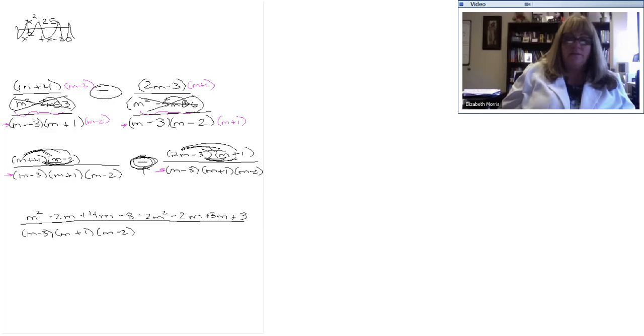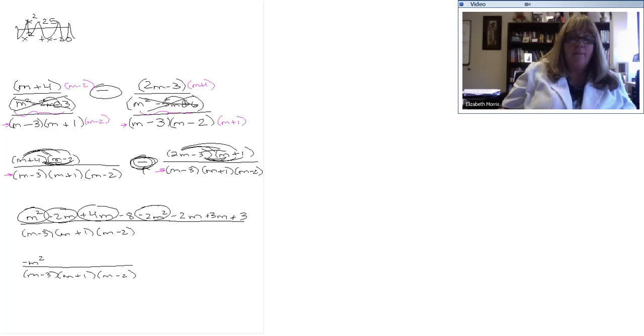All right. Now I can combine like terms. This is the denominator. Okay, m squared minus 2m squared is negative 1m squared. Negative 2m and negative 4m give me 2m. Minus 2m is no m's, plus 3m is 3m.